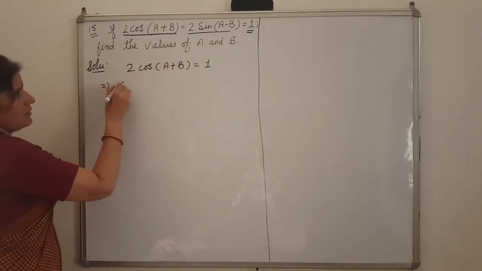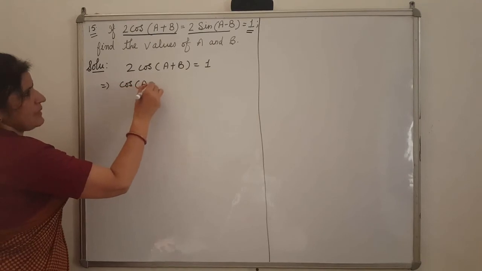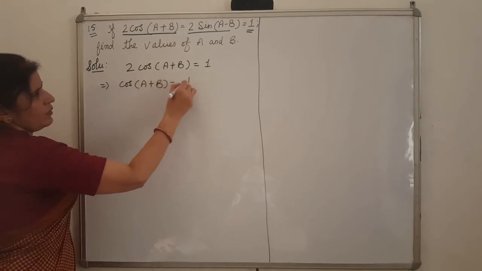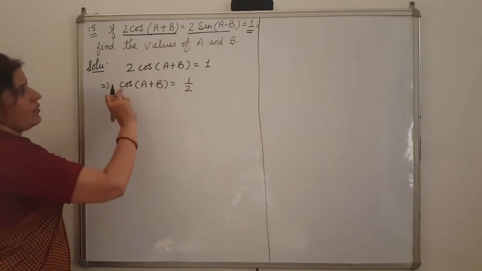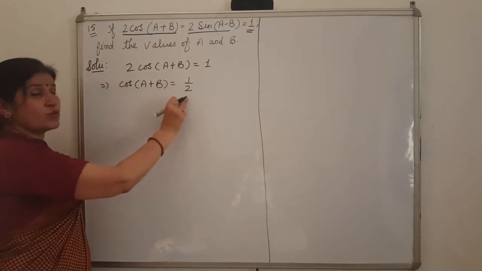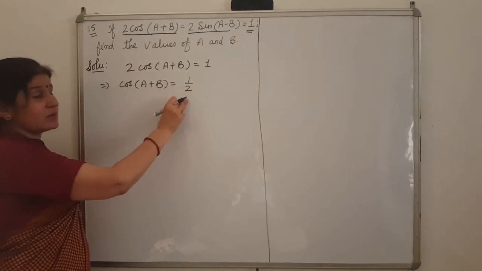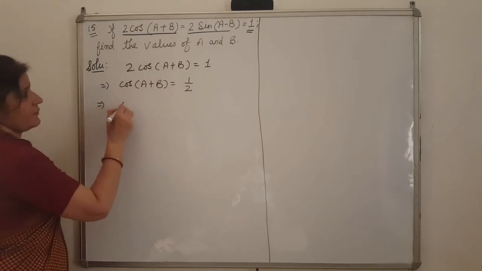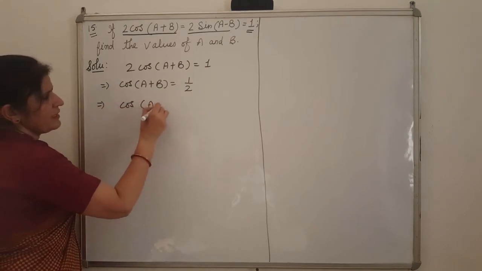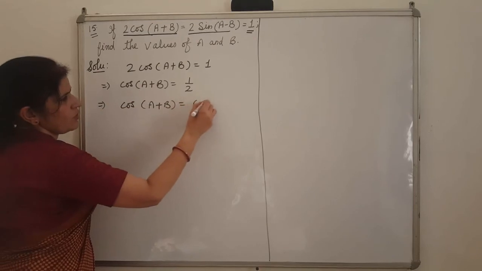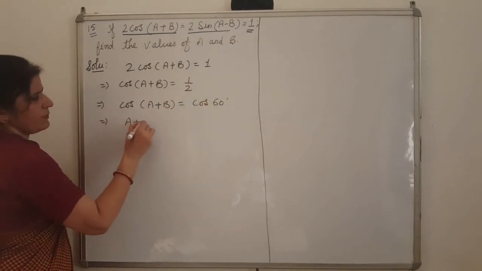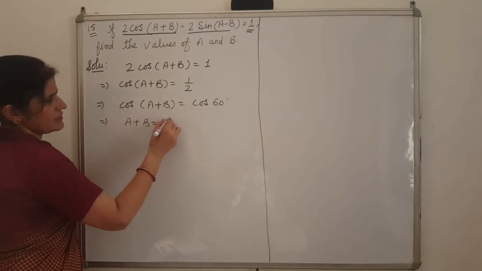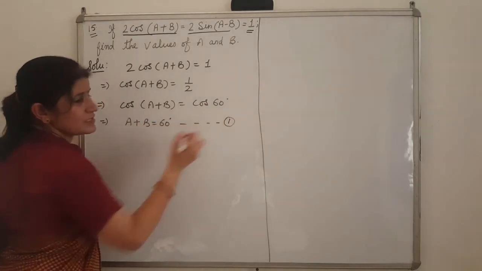Now cos(a plus b), this 2 will go in division. Now in cos, 1 over 2 is value of cos 60. So cos(a plus b) equals cos 60. On comparing, we get value of a plus b equals 60 degree. This is our first equation.